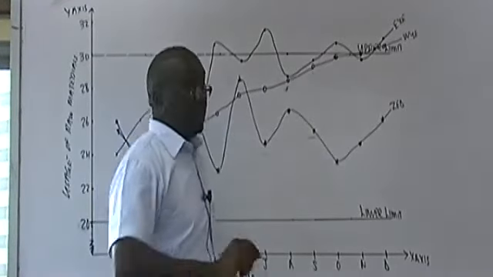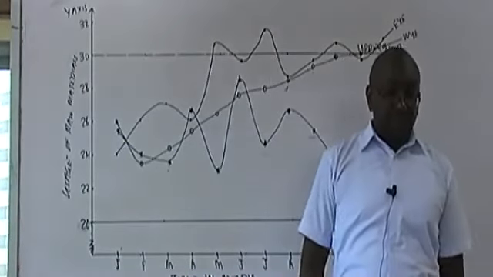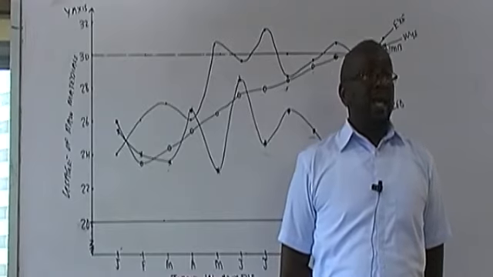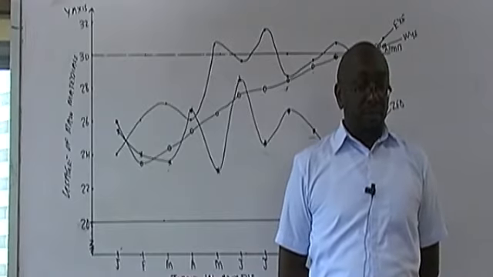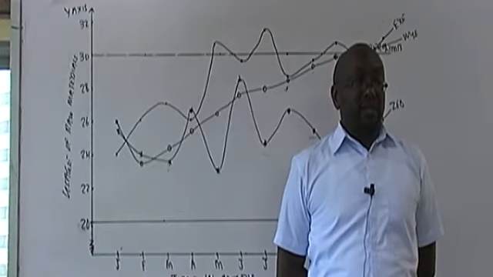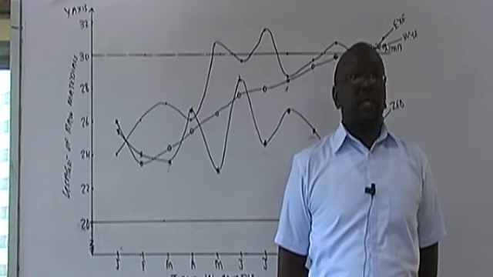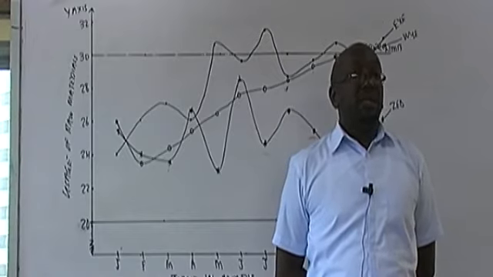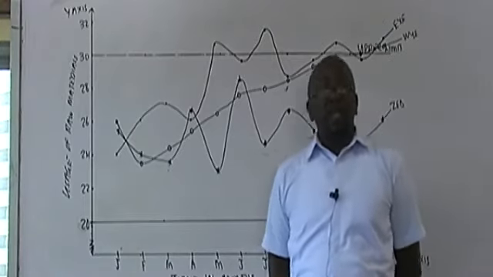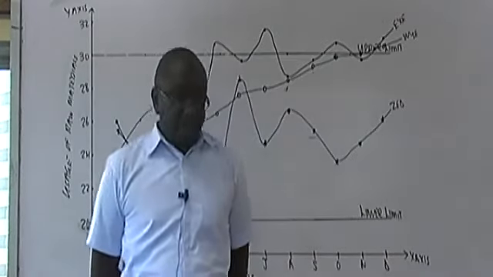So we should comment: x is already out of control, and corrective measures should be taken to bring it back.